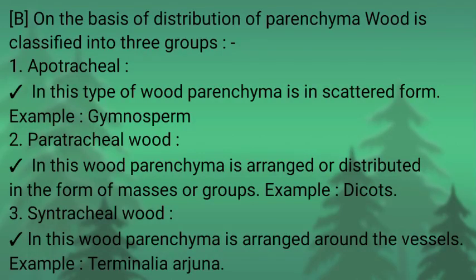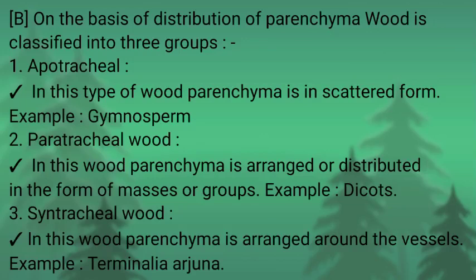On the basis of distribution of parenchyma, wood is classified into three types: number 1, apotracheal wood; number 2, paratracheal wood; number 3, syntracheal wood. Apotracheal wood: parenchyma is in scattered form. Example, gymnospermic plants. Paratracheal wood: parenchyma is arranged or distributed in the form of masses or groups.